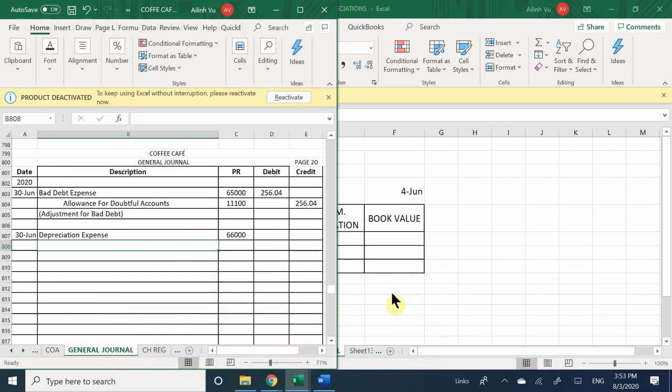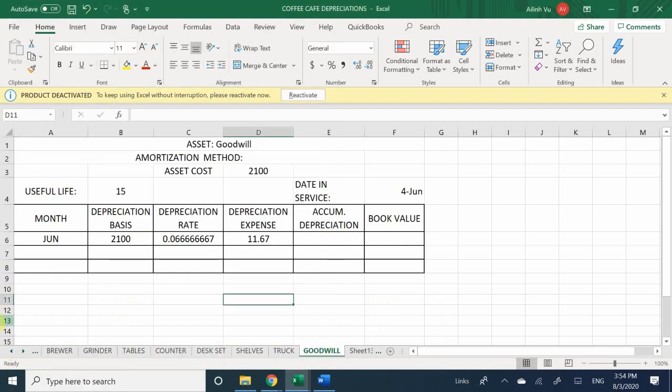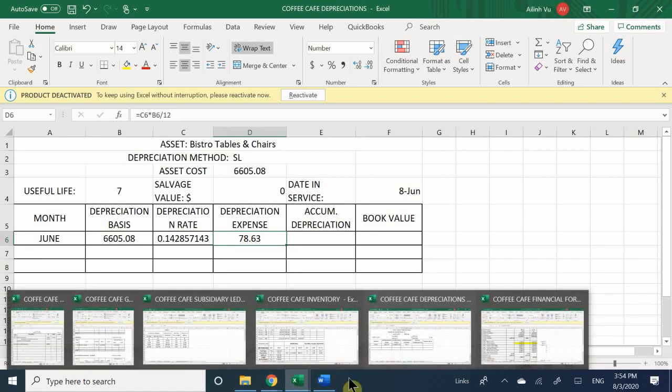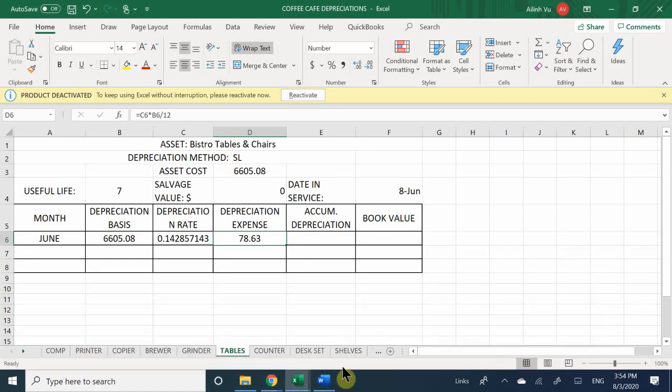Look at every single chart of account. Accumulated depreciation table? Okay, we could do that. You want to start with the table first.